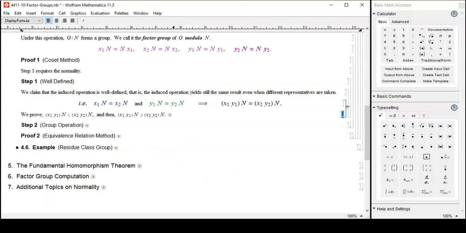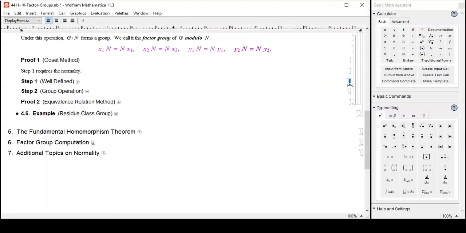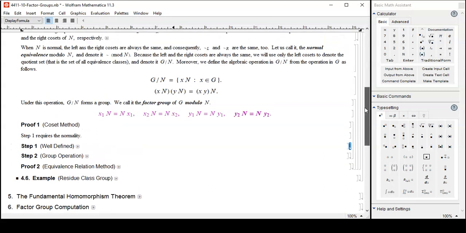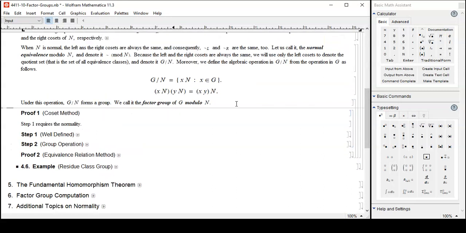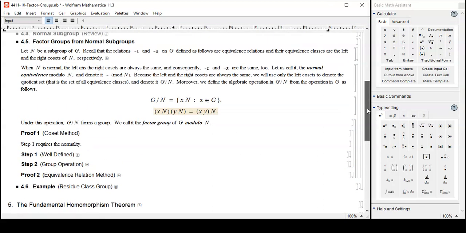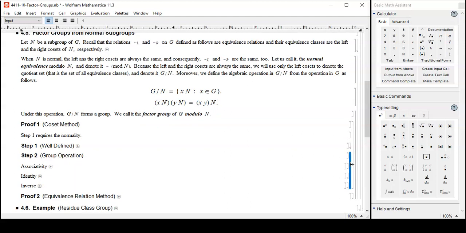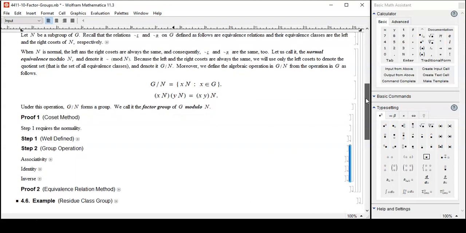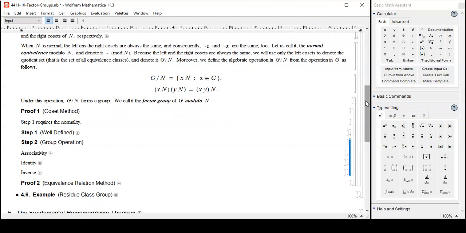Okay, so we proved that this thing is well defined. So this operation now makes sense. It's well defined. That's the hardest part. Now, whether this is actually a group: is this associative? Does it have an identity? Does it have an inverse for each element? Those are much easier.